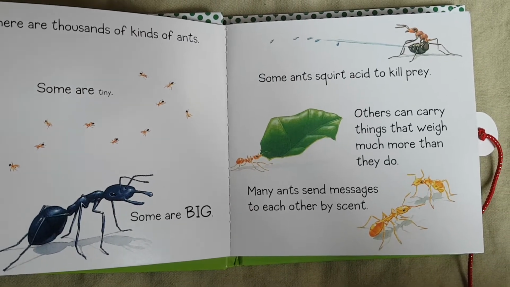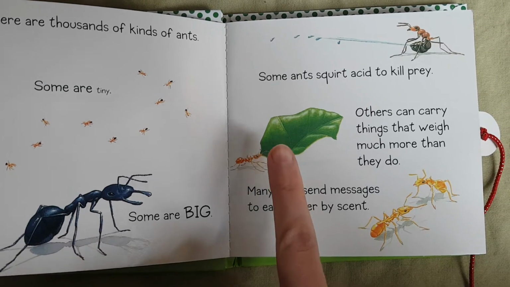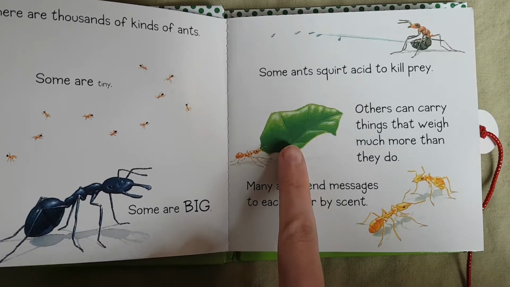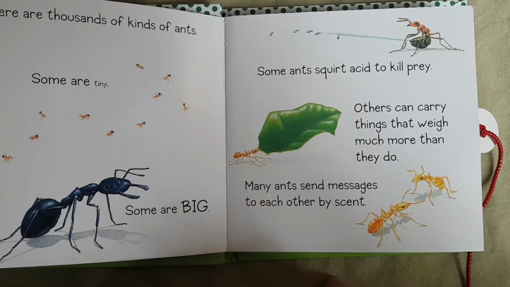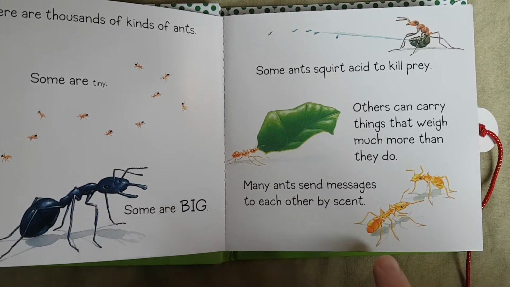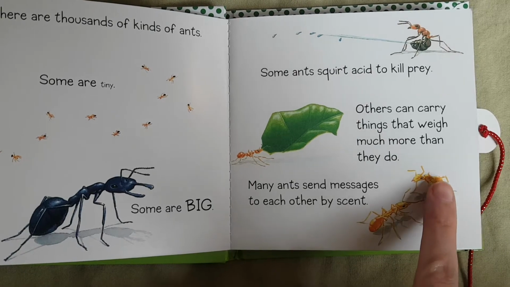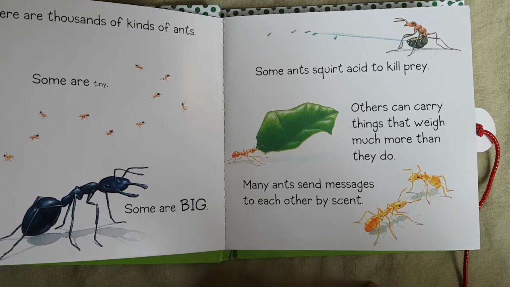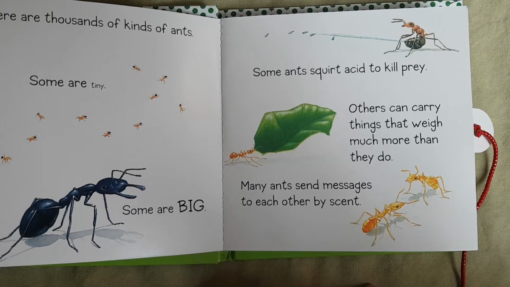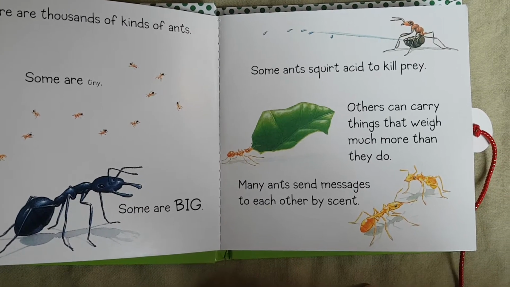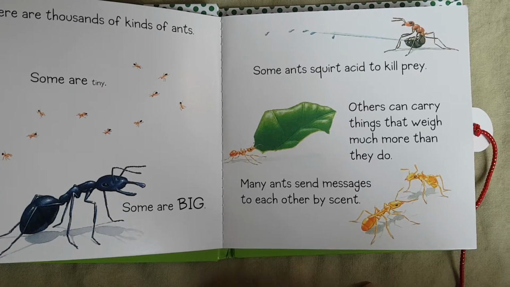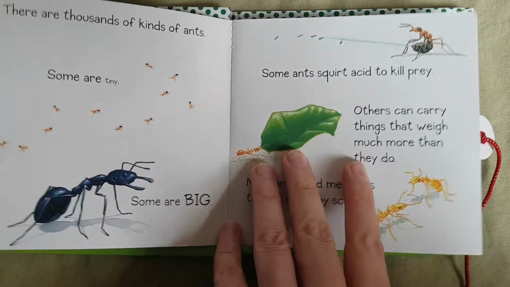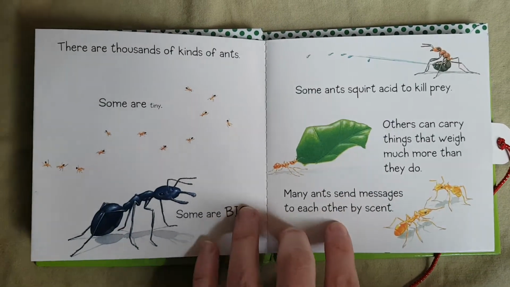Other ants are very strong. They can carry things that weigh much more than they do. And ants can send messages to each other using scent, using their sense of smell. That's how they communicate. You and I can say words, but ants use smell.